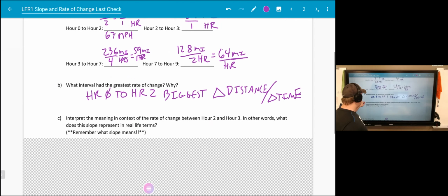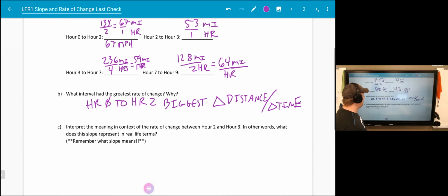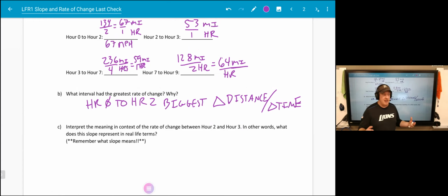Interpret the context of the rate of change between hour 2 and hour 3. In other words, what does the slope represent in real life terms? Hour 2 to hour 3, it was 53 miles per hour. So you could say it went 53 miles in 1 hour, or in 1 hour went 53 miles.